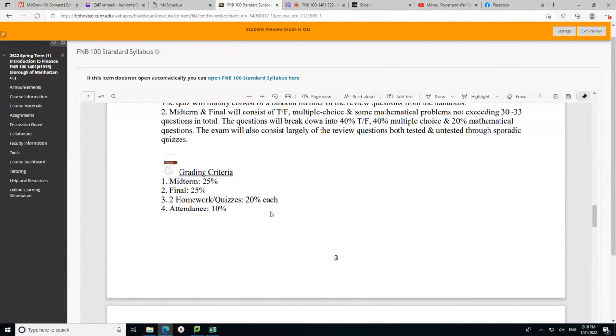So that's 40%, and the midterm and final are 25% each, so they add up to 90%. Then the remaining 10% will be from your attendance and participation. But as I said, participation points don't have any limits, right? So think about it, they will all add up to 100%.